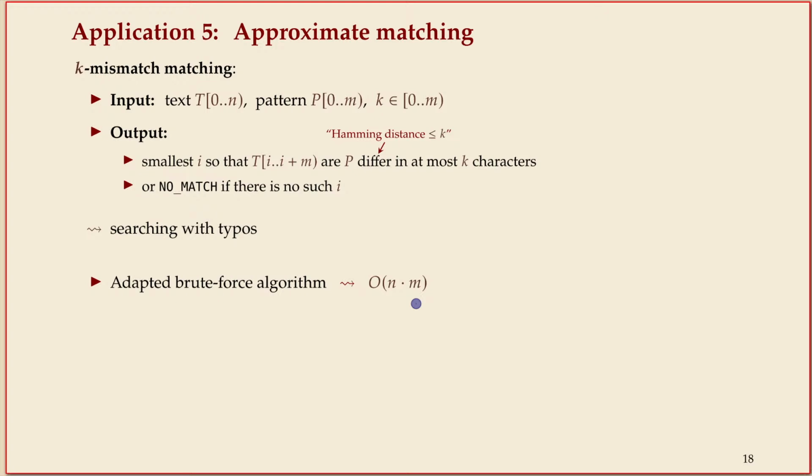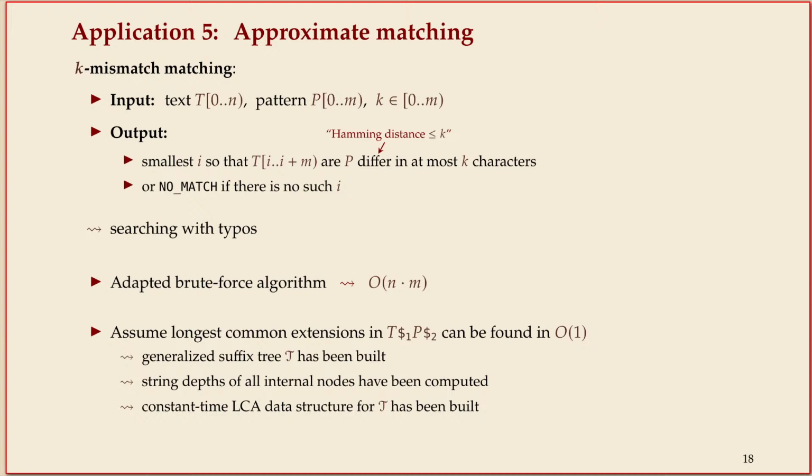And you have this inner loop that just compares all the characters. Now in this inner loop, instead of comparing the characters and stopping as soon as you find any mismatch, you can keep going and count the number of mismatches at the same time. So at the same time as brute force string matching, you can also do this problem and determine all the matches where there are at most k mismatches. But if both your text and the pattern are fairly long, that's not so great. And we can do better.